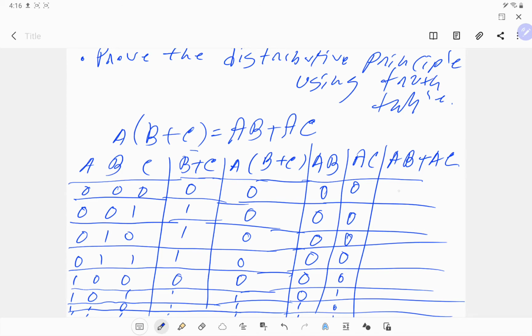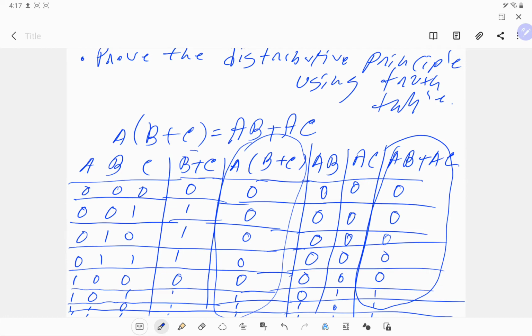Now AB plus AC is 0, 0, 0, 0, 0, 1, 1, 1. So now if we compare this column with that column, we see that A times (B plus C) equals AB plus AC. So this distributive principle is proved.